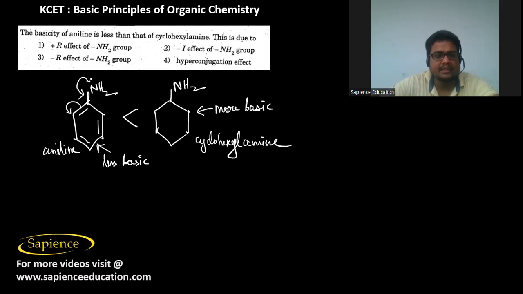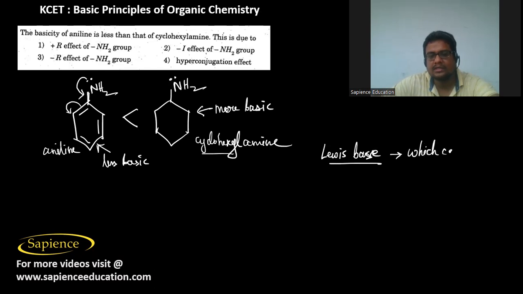So this lone pair is not so much available. Cyclohexylamine has one lone pair on nitrogen which can be easily supplied, so it is acting as a stronger Lewis base, which can donate a lone pair of electrons.